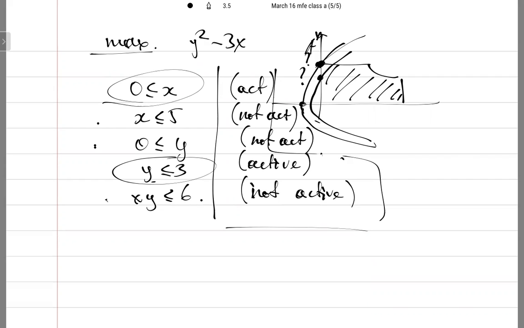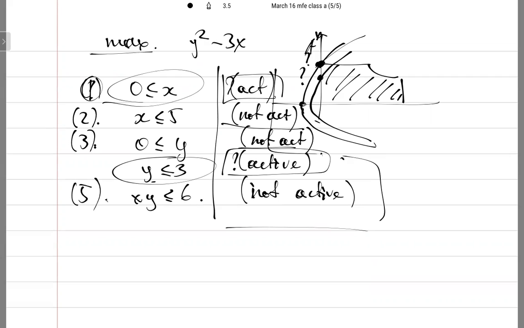Let's say we know from the plot that the maximum is this point, but let's introduce some artificial doubt. We are sure that it's active, but let's think, oh, we didn't know. In my case, I'm using partly information from the plot that constraints number 2, 3, and 5 are not active.